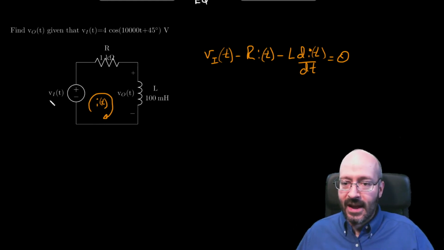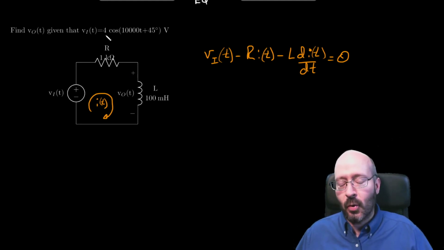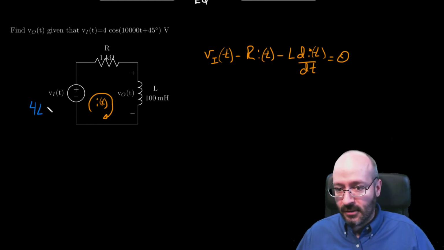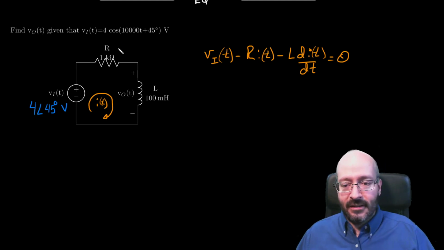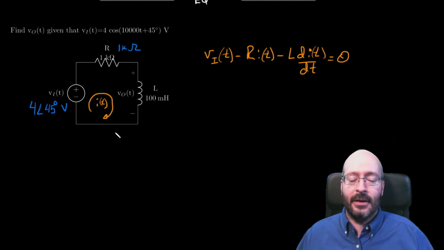So V in is defined up here, and that's going to be 4 at an angle of 45 degrees, in volts. So that has its complex number. The impedance of a resistor gets a complex number, 1 kilo ohm.